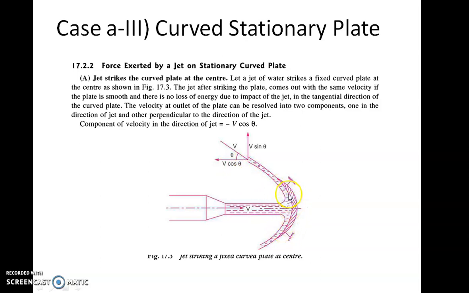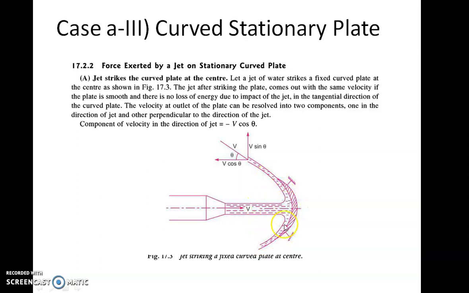If you see, in this case the jet is having velocity v before striking. Now after striking, the jet splits into two half parts, one going in this direction and the other coming in this direction. So here it is v cos theta and here also it is v cos theta, but the discharge is divided, so mass flow rate is also divided.